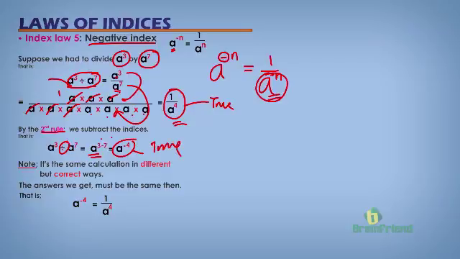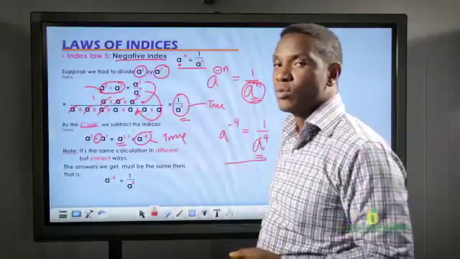So from logical conclusion, we could say a raised to power minus 4, which is our answer using this laws of indices approach, is same as 1 all over a raised to power 4, which is the answer we got using the long approach. So from this conclusion, we see that our negative index law is obviously true.